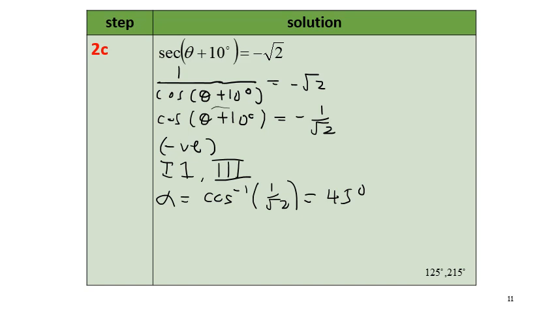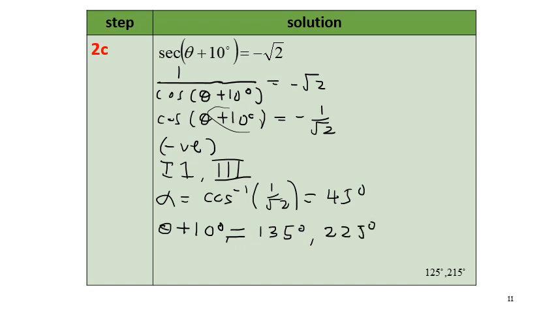But now we have plus 10. So remember, on the left side we put theta plus 10. On the right side it is still the same for the second quadrant. Remember the previous answer, so I don't want to repeat the same process. Just straight away get the answer from the previous one, which is 135 and 225.